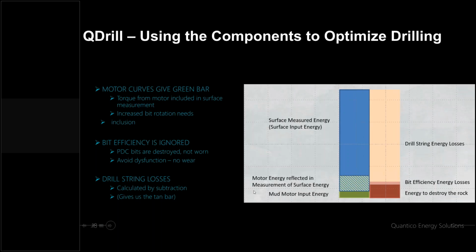You have things around the motor efficiency and the motor inputs, which is relatively a smaller amount of the energy. And then you have the uses of energy. This large bar here is the energy to carry and rotate the drill string. Then you have bit efficiency and the energy to rotate the bit, and then you have the energy needed to destruct rock.